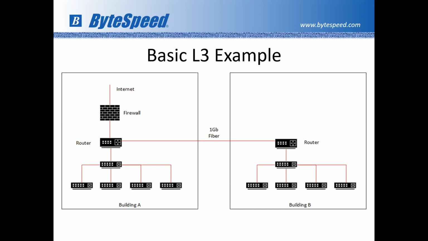A real basic example is that our switches at Bytespeed route everything internally, and then our firewall routes everything to the internet. Instead of putting in static routes, telling where this subnet is, 192.168.10.0/24 is behind router A, 192.168.11.0/24 is behind router B.